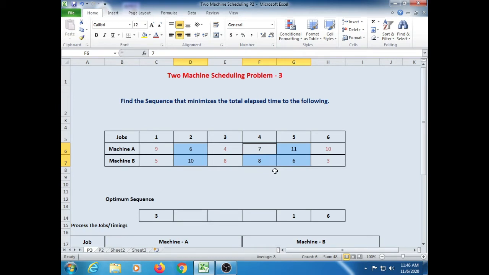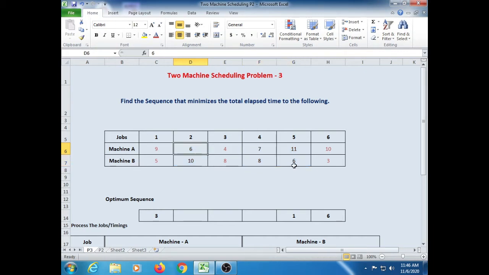Should you choose the machine A processing time, or the machine B processing time? Which one do you have to select? In this situation, what do we have to do?